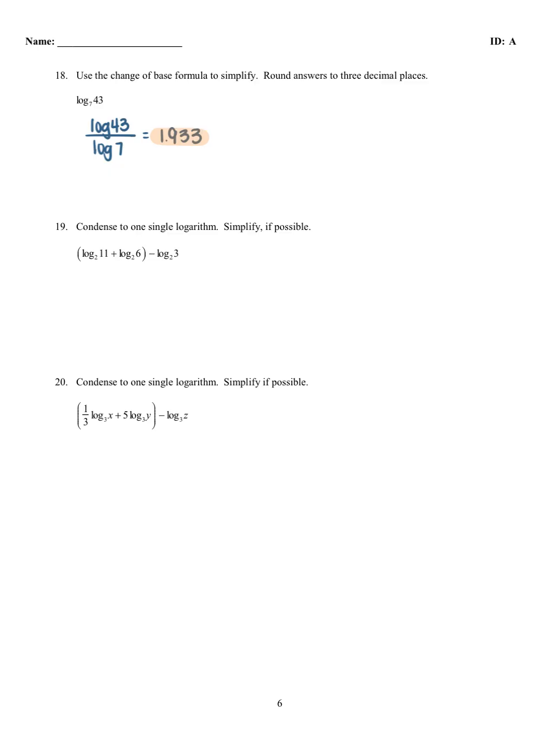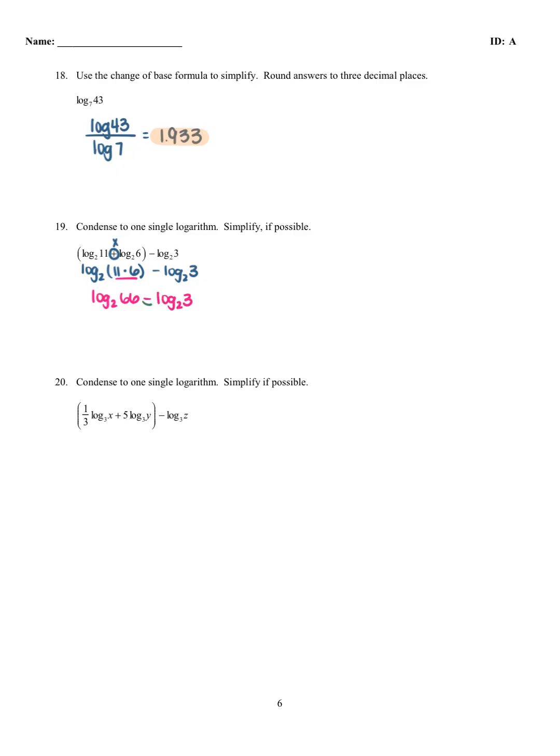So for this one, you have log 2 of 11 plus log 2 of 6 is being subtracted with log 2 of 3. Within your parentheses, you have addition, so you're going to rewrite this with multiplication. So it'll be log 2 of 11 times 6 minus log 2 of 3. We're going to multiply that 11 times 6 to get log 2 of 66 minus log 2 of 3.